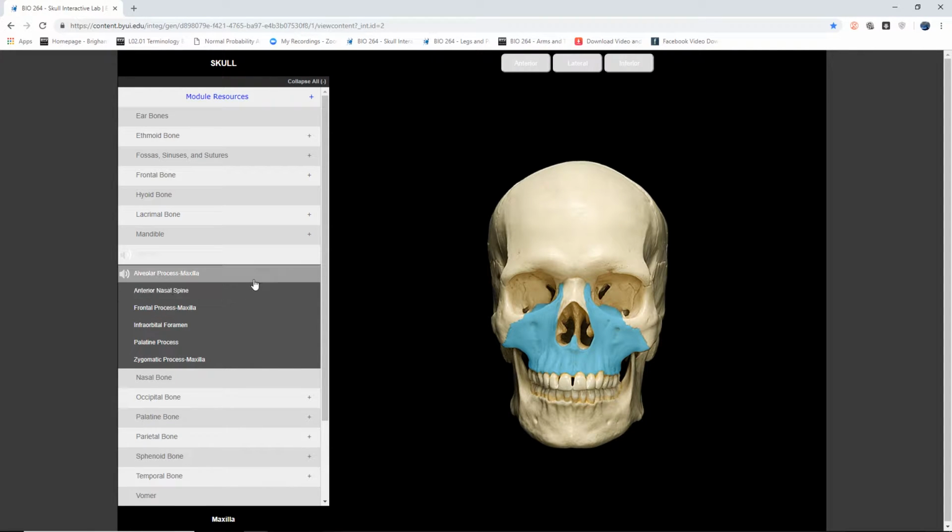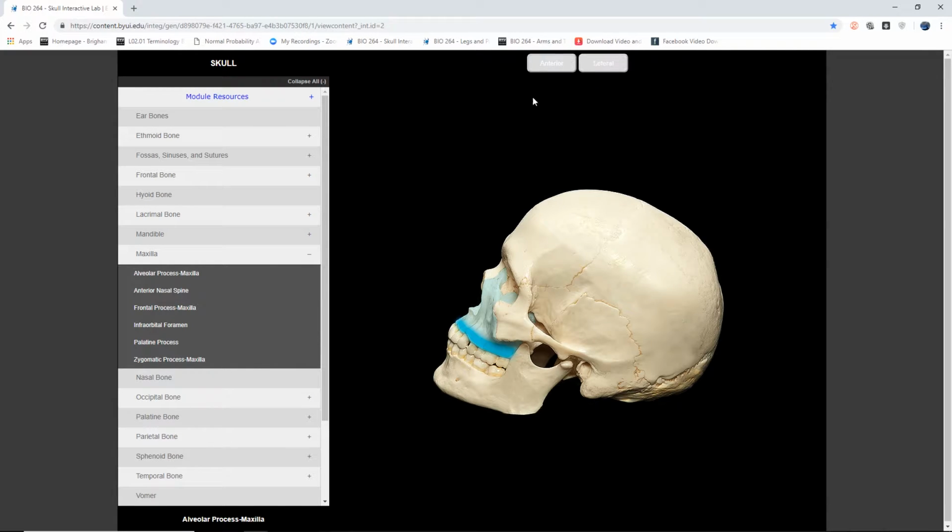Alright, let's go ahead. First up is the alveolar process of the maxilla. Now, if you remember from last time, we had the alveolar process of the mandible. So, just like before, sounds like molar, alveolar process. Process is the protuberance. It's basically where all your teeth fit in.